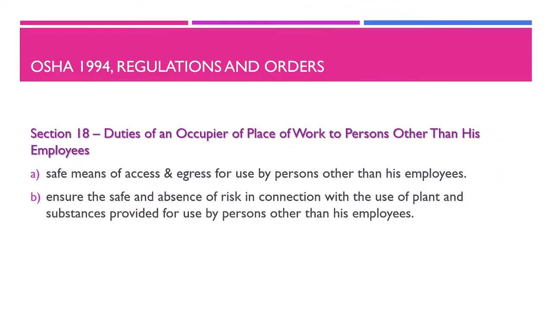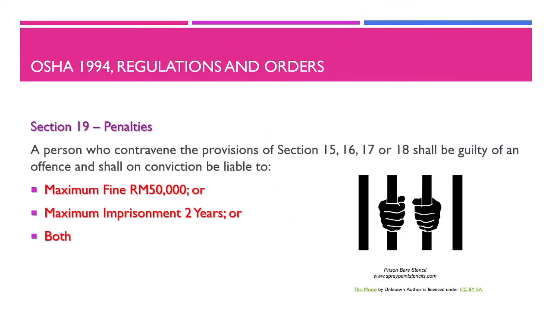Section 18 is the duty of the occupier to ensure safety and the absence of risk in the working place or plant to persons other than his employees. Section 19 is the penalty for breaking the regulations and orders of Sections 15, 16, 17, and 18.